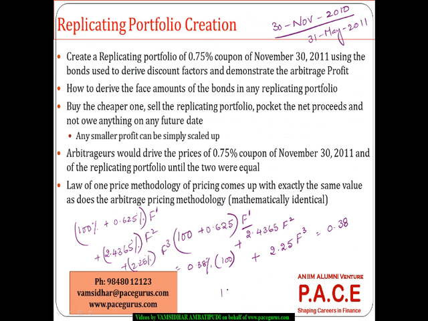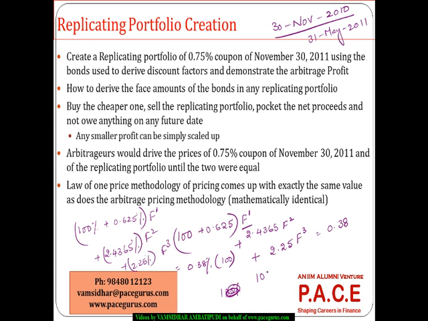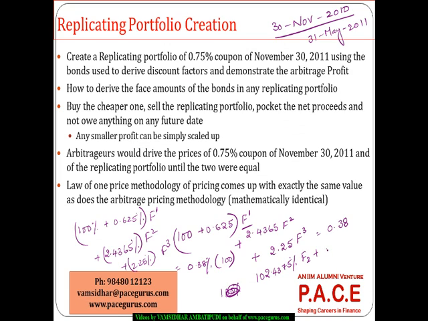So this equation will become 102.4375% times F2 plus the third one is going to pay only 2.25. 2.25% times F3 should be equal to 0.38.